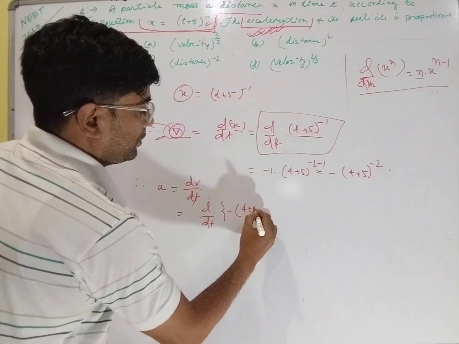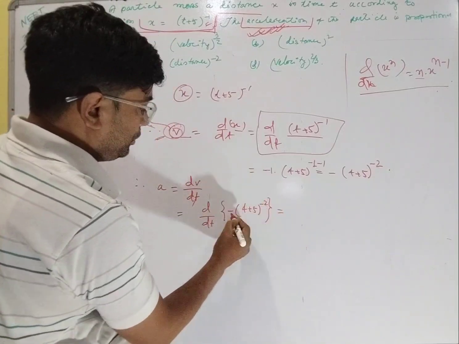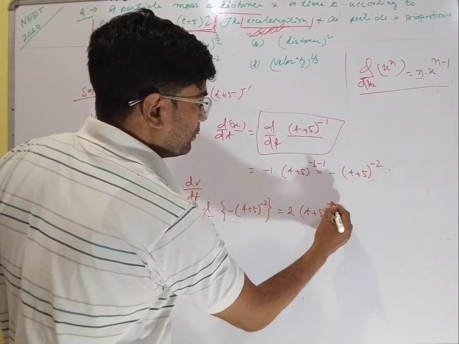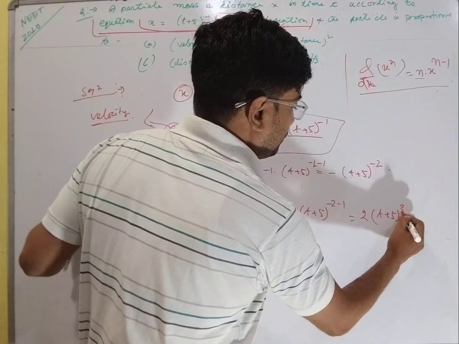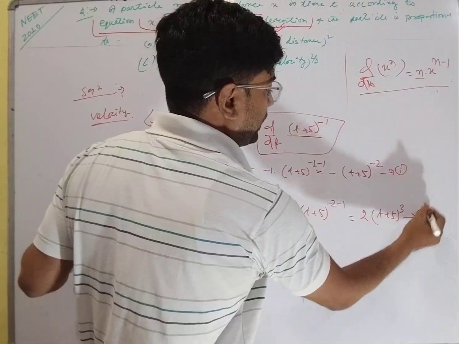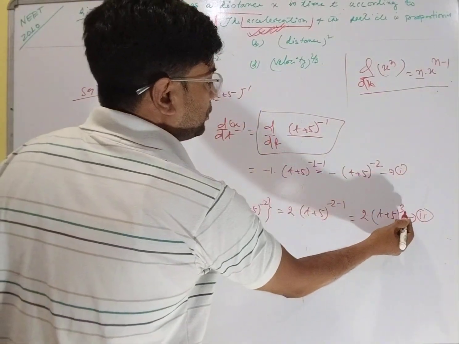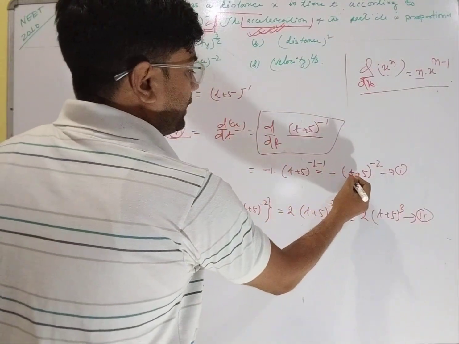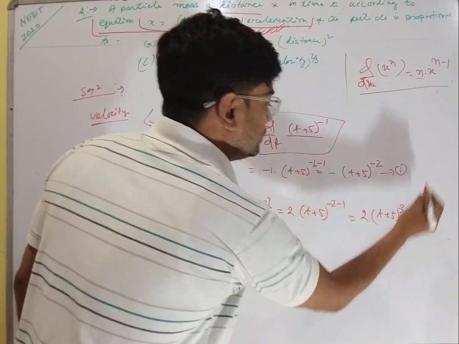Minus 2 into minus becomes 2 (t + 5) to the power minus 2 minus 1, which is equal to 2 into (t + 5) to the power minus 3. So acceleration is equal to 2 into (t + 5) to the power minus 3, and velocity v is equal to minus (t + 5) to the power minus 2.